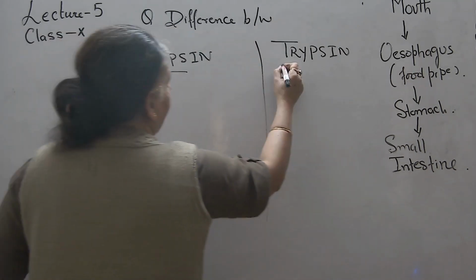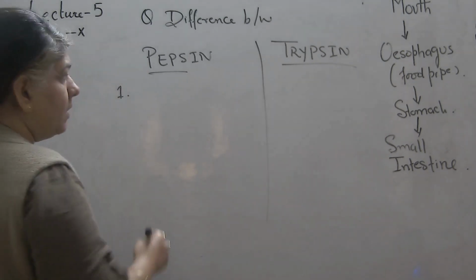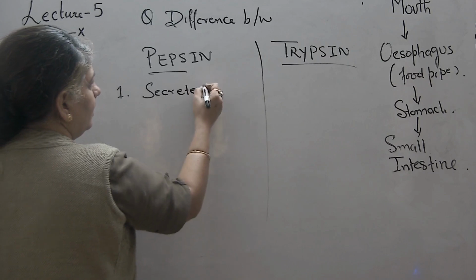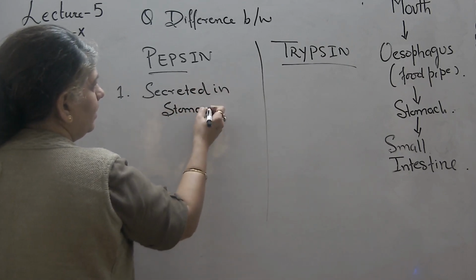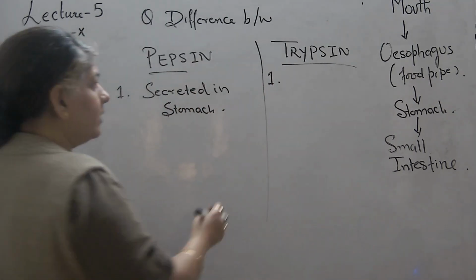See, pepsin, first, is secreted in the stomach, and trypsin is secreted in the pancreas.